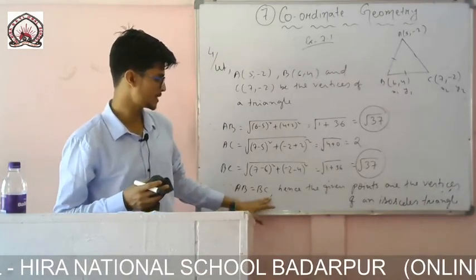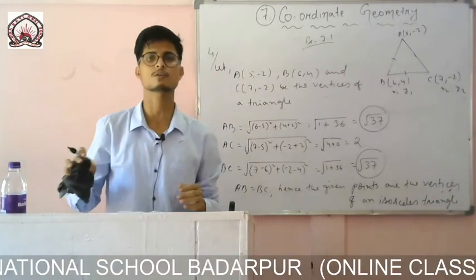So since AB is equal to BC, hence the given points are the vertices of an isosceles triangle.